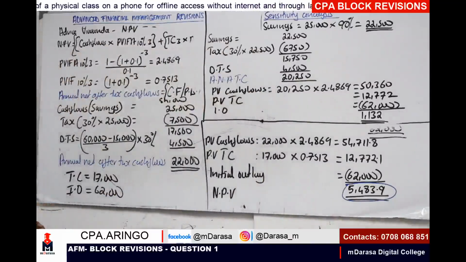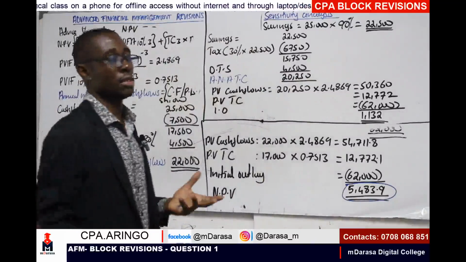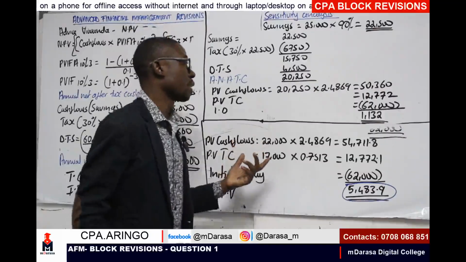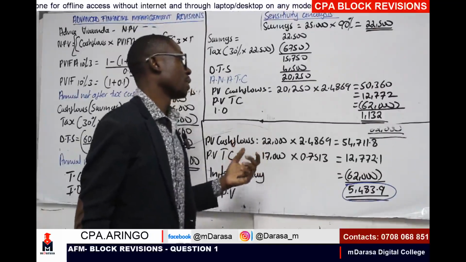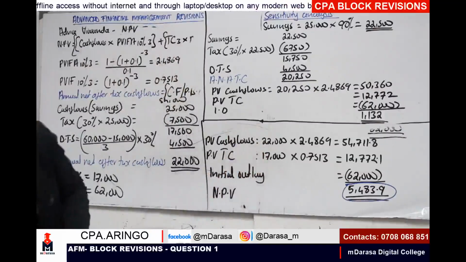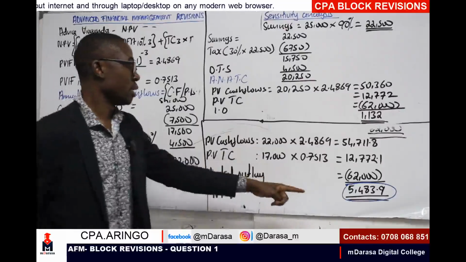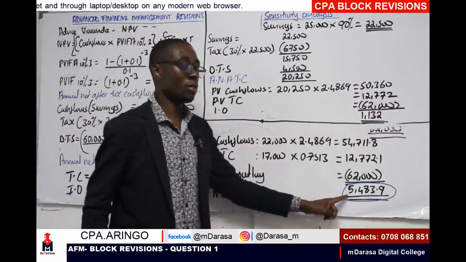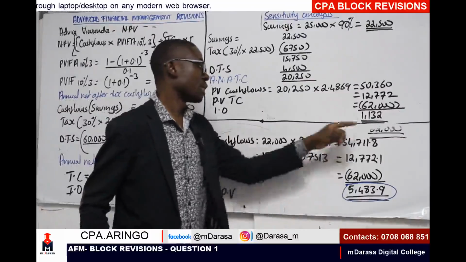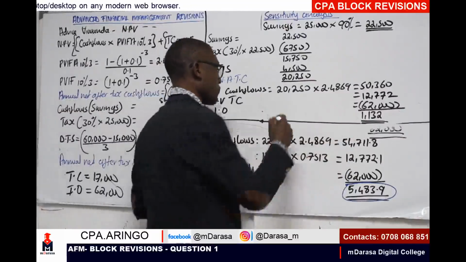If we conduct that sensitivity analysis, what will happen here? Initially, I was having our NPV of this much, but our NPV is reducing.